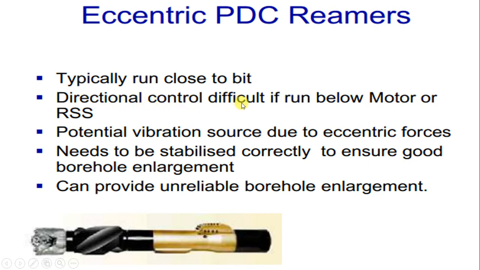Directional control is difficult if run below the motor or RSS, so it should be above it. It is a potential vibration source due to the eccentric forces, and it needs to be stabilized correctly to ensure good borehole enlargement, and it can also provide unreliable borehole enlargement. And this is the video that shows how it works.